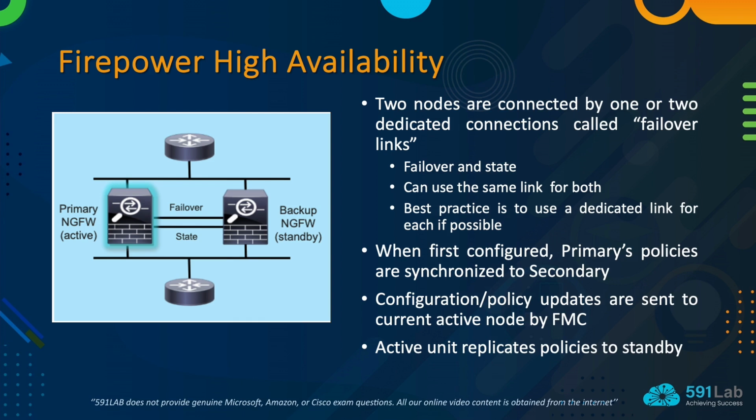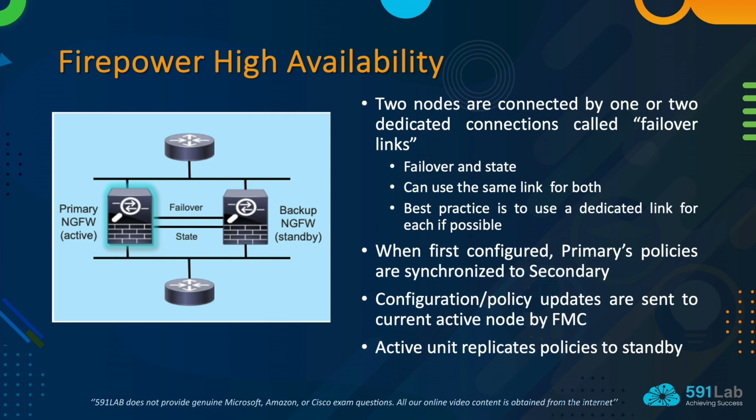"Configuration and policy updates are sent to the current active node by FMC" refers to how configuration and policy updates are applied to the Firepower Threat Defense high availability pair. The Firepower Management Center is a centralized management tool that can be used to configure and manage Firepower devices.